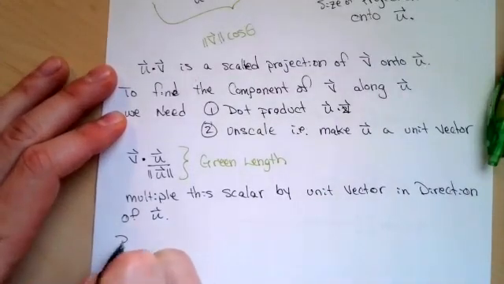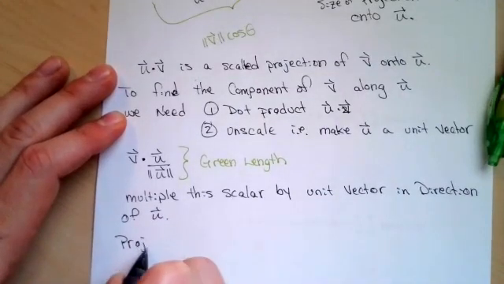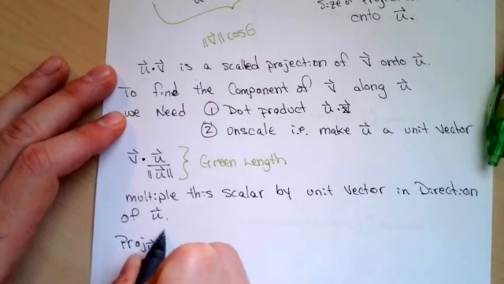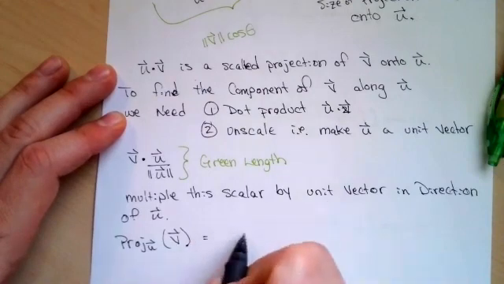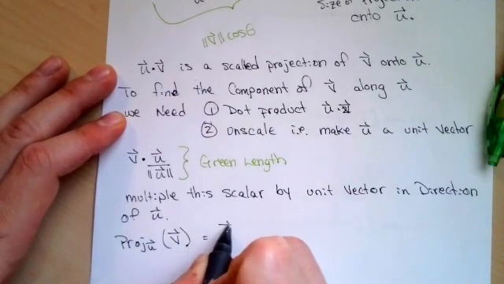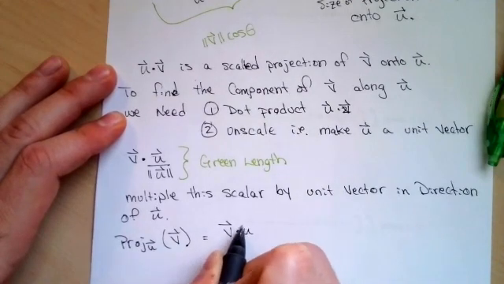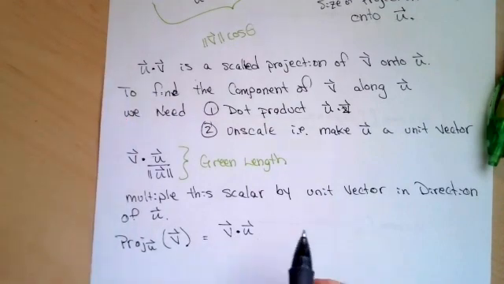In other words, if we want to project onto u the vector v, we are going to compute the dot product of v dot u.